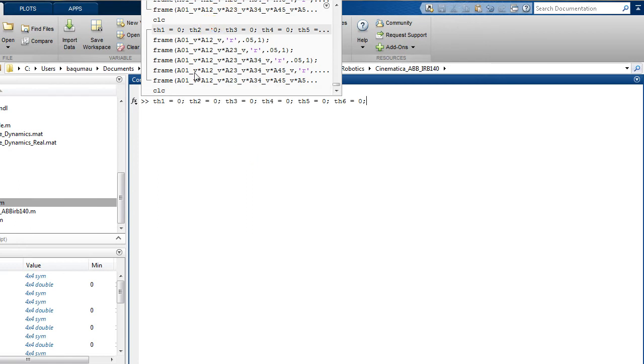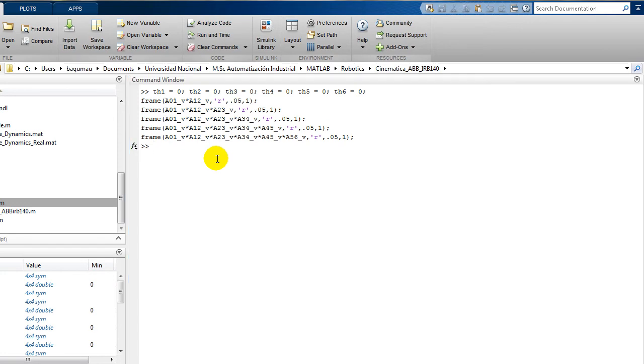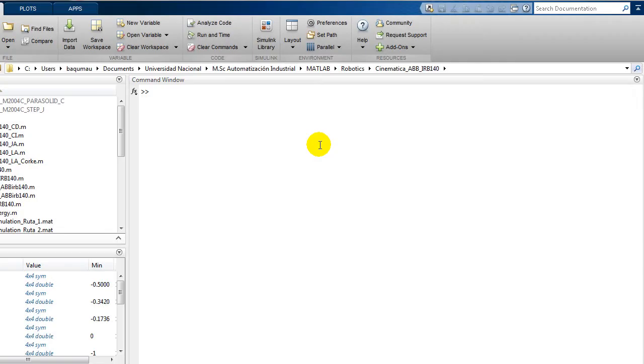When all rotation angles are 0, the robot has the home position configuration, as this figure shows. The blue frame is the fixed base coordinate system. Red frames correspond to the mobile coordinate systems placed on each robot link, and the z-axes indicate the direction of their revolute joints.